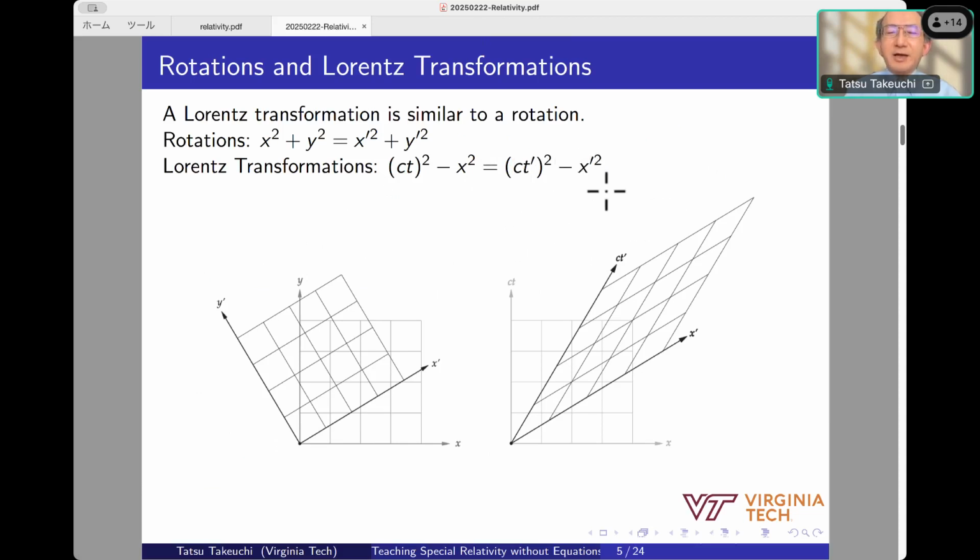The Lorentz transformation equation that I showed you earlier can basically be derived from this requirement that this object stays invariant when you go from one frame to another. And I hope that's okay.